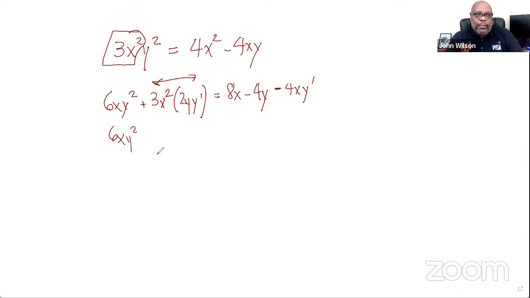Well, because I know from experience that I have to have the simplest terms on each side in order to do my move-things-around step. 6xy squared plus 6x squared y prime is equal to 8x minus 4y minus 4x y prime.